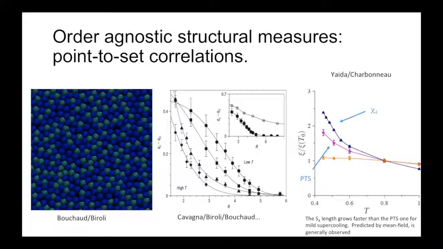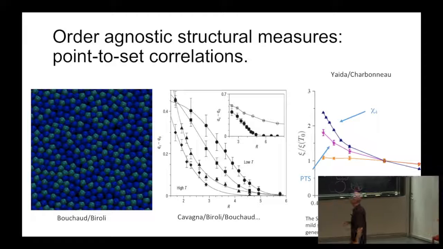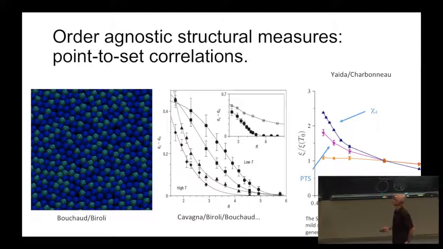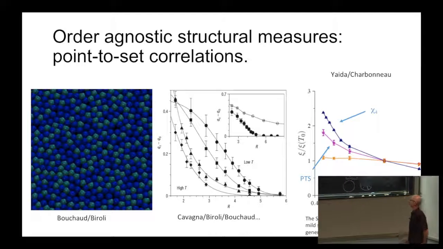So the idea is the following, and I think the idea goes back before this paper, but I think this paper by Giulio and Jean-Philippe was very nice, at least in giving the picture for it. Let's say I have a computer simulation.